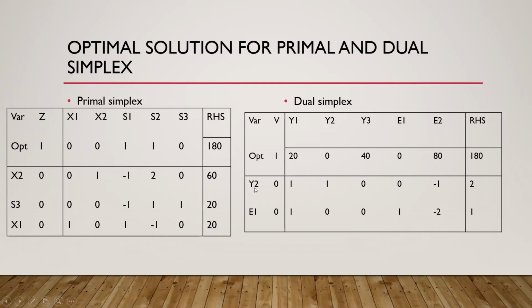Here we have y1 and e2, where e2 is the slack, or the surplus, for the dual simplex. But both of these two problems share the same optimal solution. They both have 180, and here we also have 180. So basically the optimal solution will be the same.